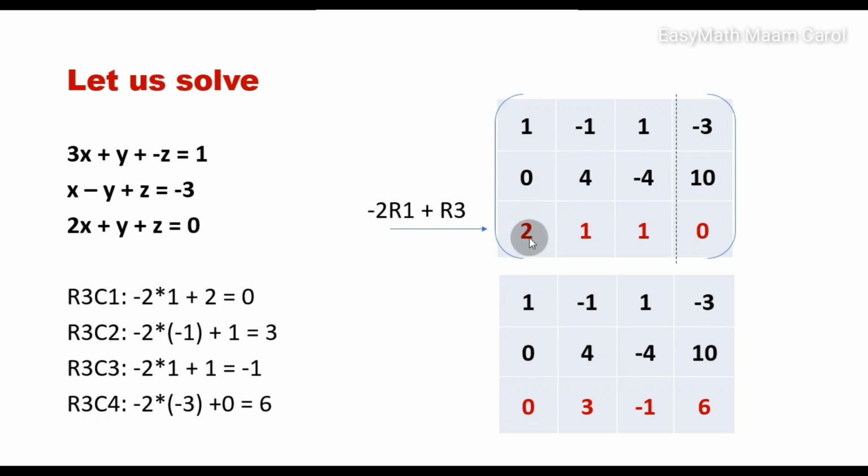So, let's compute. Negative 2 times 1 is negative 2 plus positive 2 is 0. Again, ito ulit yung computation for you to review. Okay? So, negative 2 times negative 1, that's positive 2.